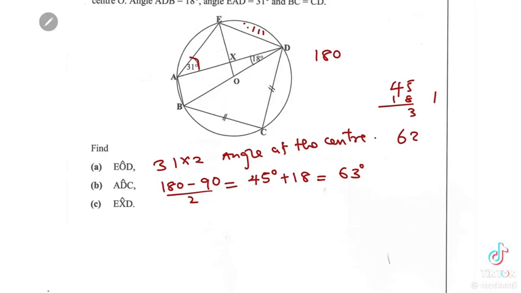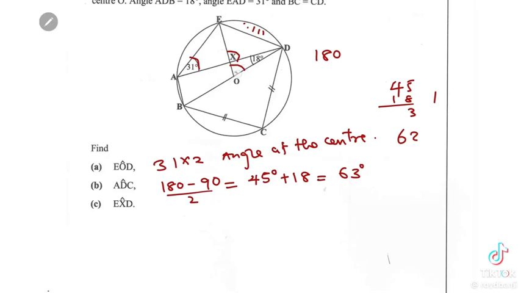What are we finding? For the last question, EXD. So write this angle. Now, one thing you should understand about this angle is that we have a triangle here. Do we know this angle? Yes, we know it.